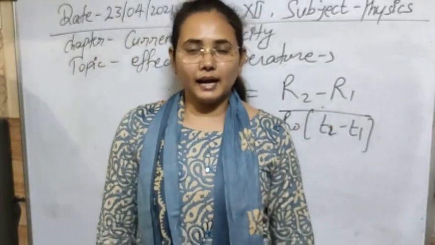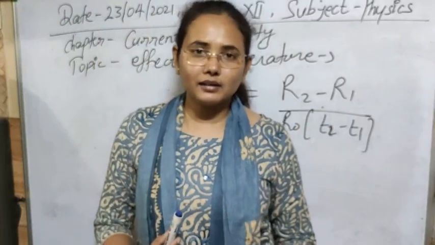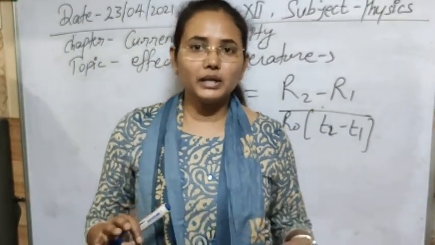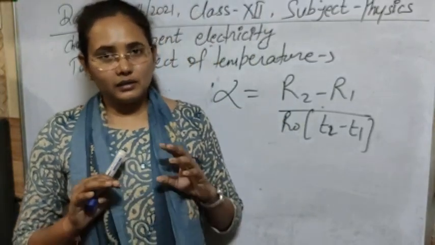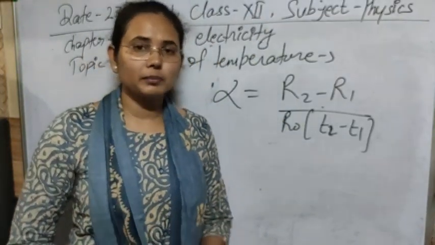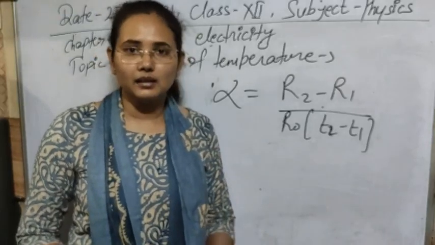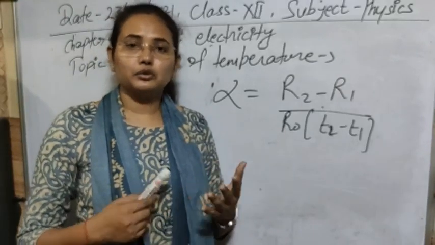So if you make a standard resistor using these alloys, there will not be a great change in the resistance of the resistor. This is the property of a standard resistor: it should not be changed by any physical condition, like a change in temperature.